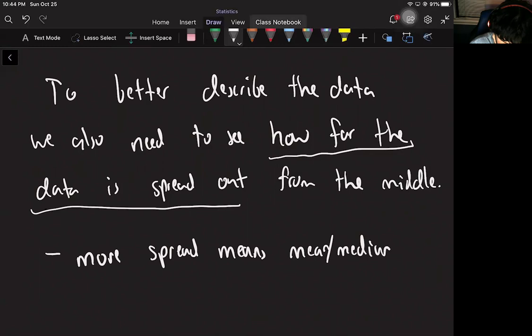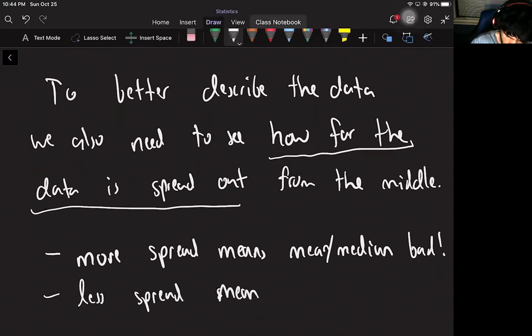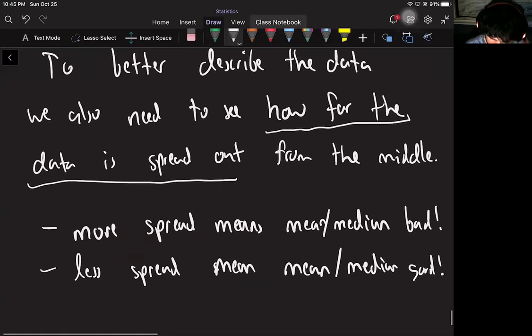They don't really represent the data. And less spread should mean that they're useful, that they do represent the data very well. Okay, so that's going to be what we talk about next time. Next time we're talking about spread, how to figure out how spread out data is.